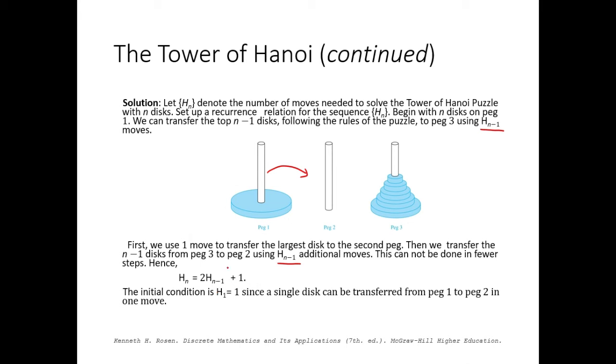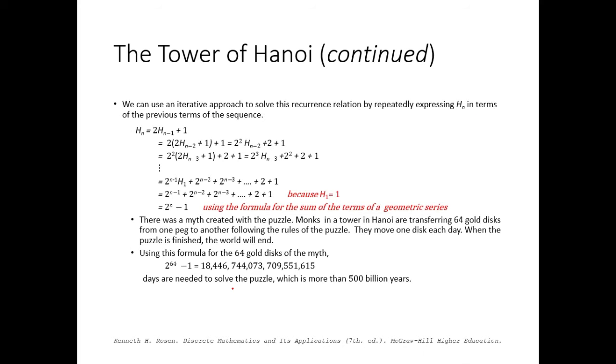First h_{n-1} moves to move from peg 1 to peg 3, an additional one move for the last disc to move from peg 1 to peg 2, and then h_{n-1} moves to move the remaining discs from peg 3 to peg 2, provided the rules of the problem are followed. The initial condition of the problem is that for one disc it requires one move to move from peg 1 to peg 2. So if we use an iterative solution, the number of moves required to arrange n discs from peg 1 to peg 2, following the rules of the problem, is equal to 2h_{n-1} plus 1.